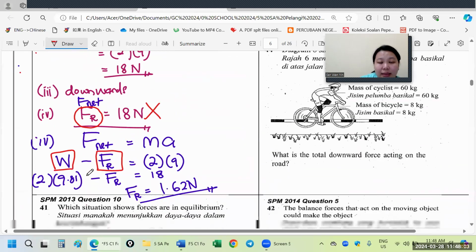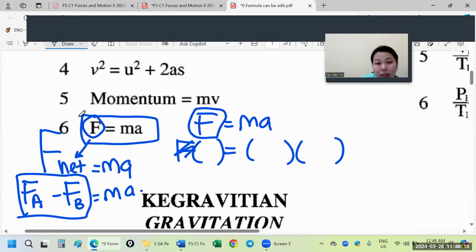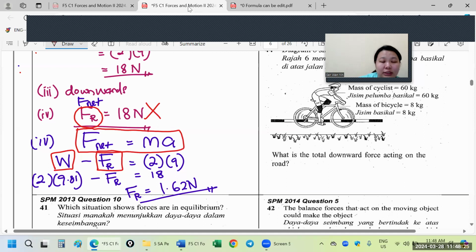Can you get it? That's why always start with net force equals to MA. Don't just write this, write net force to remind you there are two forces. Remind yourself there are two forces.